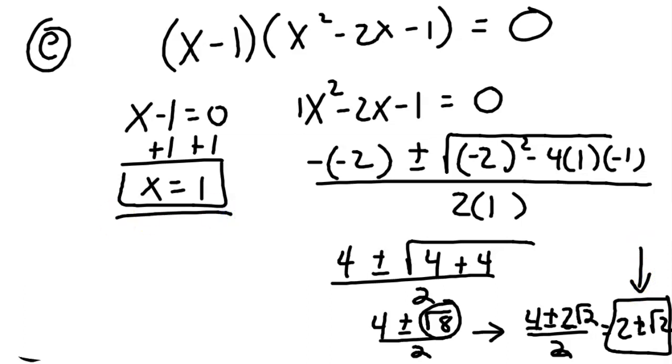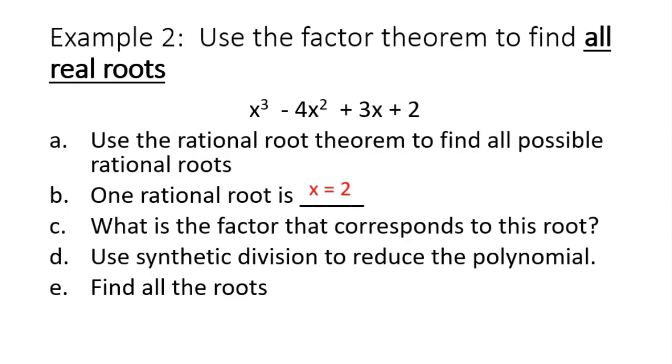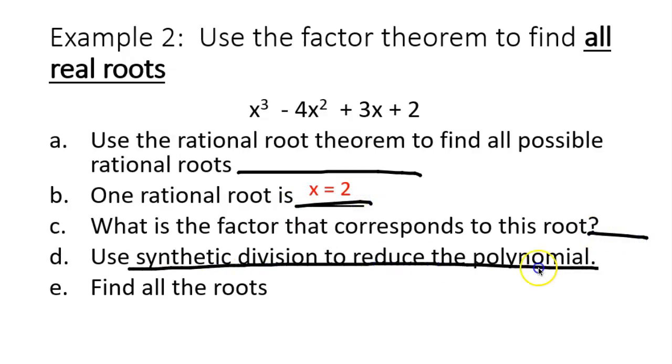I've got x equals 1, so it touches the x-axis at x equals 1. But it also touches the x-axis at 2 plus the square root of 2 and 2 minus the square root of 2. All right? So what you guys are going to notice here in this problem, I'll back up a little bit and go back to the beginning, is most of the steps are the same. Find your possible rational roots. I'm going to tell you one of them so you could turn it into a factor and do synthetic division to break it up.